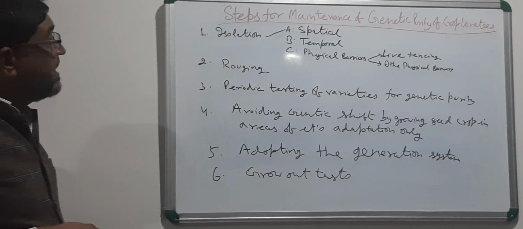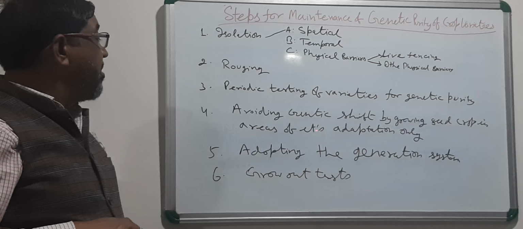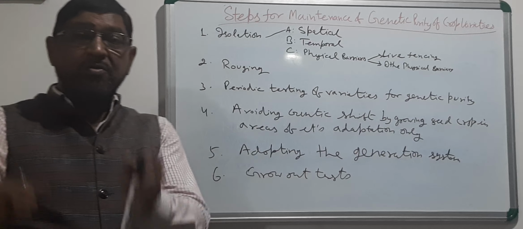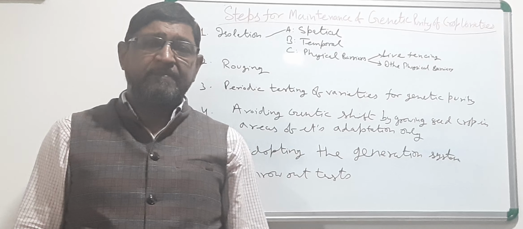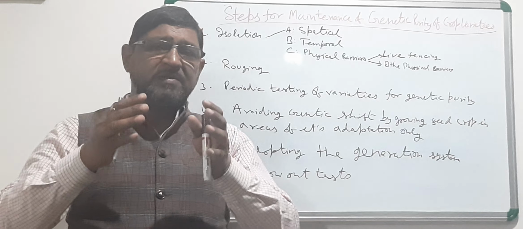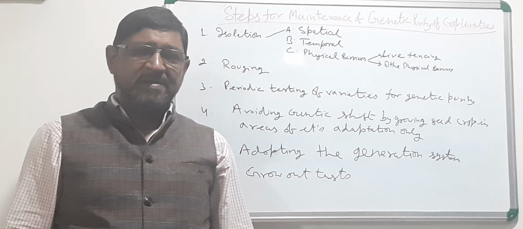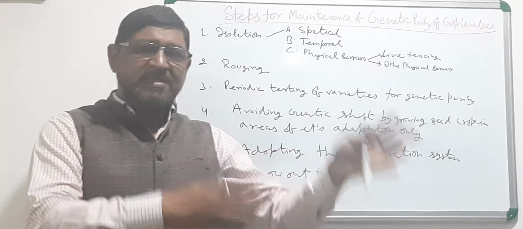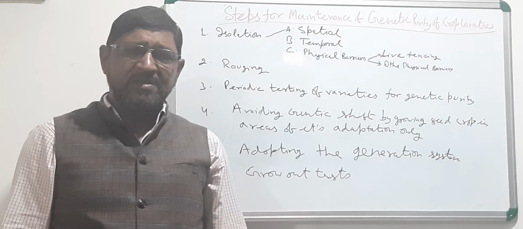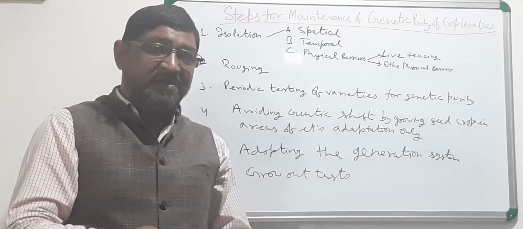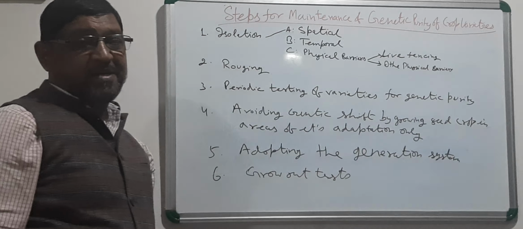Then next, avoiding genetic shift by growing seed crops only in areas of their adaptation, which I have already dealt with earlier. Once a variety has been released for Uttar Pradesh and you are producing the seed in Hyderabad continuously for many generations, there will be genetic shift. The variety will get changed because of adaptation in that area.